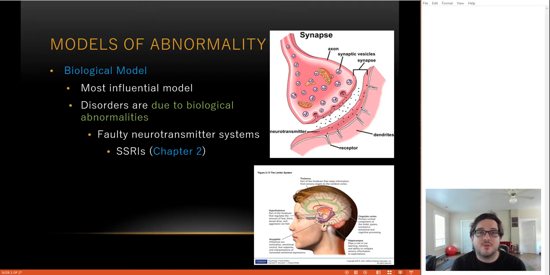So the neurotransmitter system, of course, is referring to that system at the very end of an axon, at the axon terminal. You see this in the image to the right with the synapse. We know that neurons work by releasing certain chemical agents, neurotransmitters, into that synapse, binding to receptors on the next cell, and then causing that cell to do something, whether it's another neuron that then fires its own action potential, or a muscle cell that needs to contract, or a liver cell that needs to process some kind of toxin.